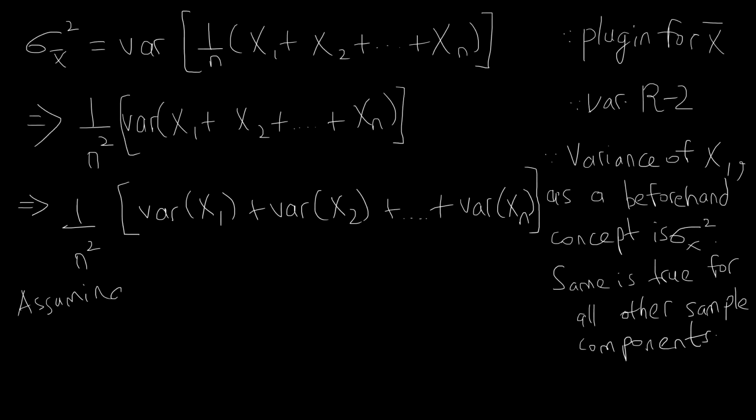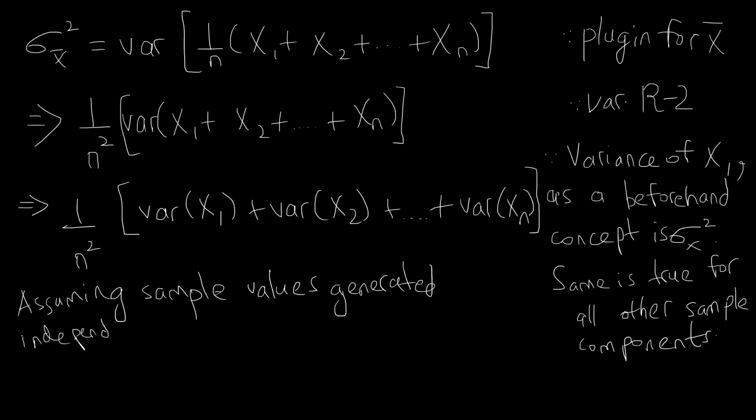We should always explain every step in order to get full marks: assuming that sample values are generated independently, all covariance terms equal 0.